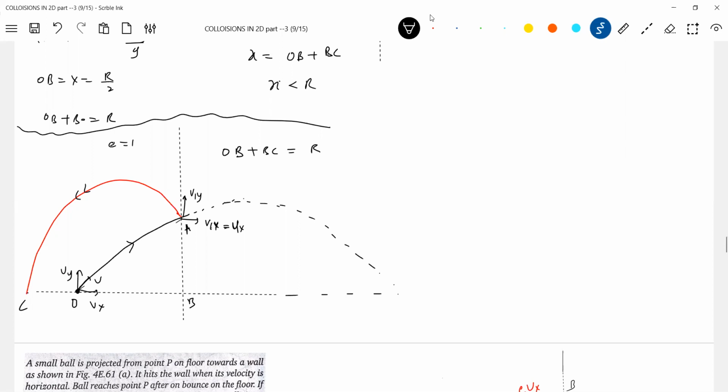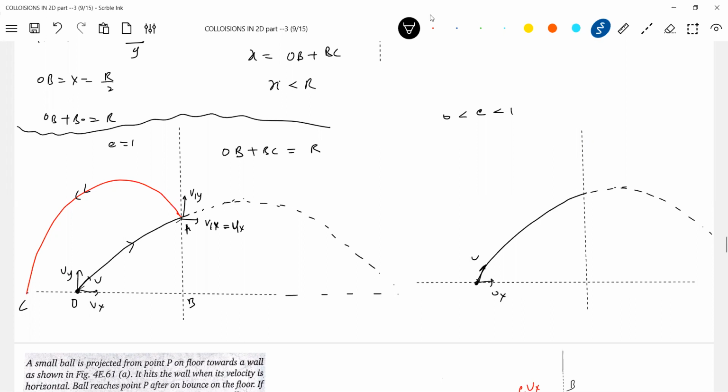If it is an inelastic collision, e less than 1, please do analyze this, very important, because you can solve many numericals with this idea. Now before reaching the highest point, this is u, ux.